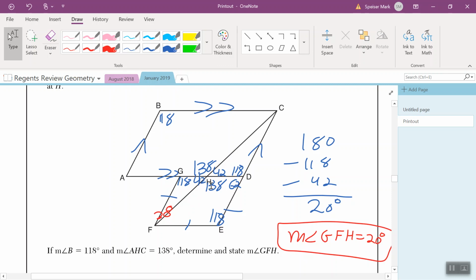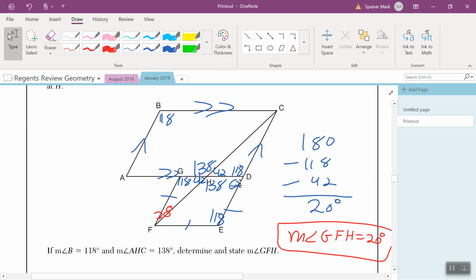So 180 minus 138 is 42 degrees. Then, using that this is 118, you can also find angle GDE, because CDG and GDE form another linear pair, so 180 minus 118 is 62 degrees.